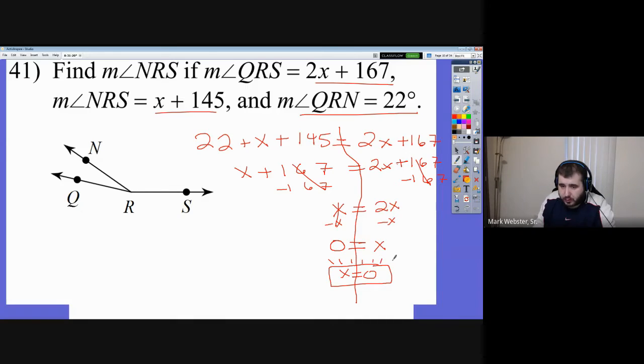0 is a number. Some people look at this and say, oh, well, 0. It's nothing. It's no solution. No. 0 is the solution. The answer is 0. The value of x, the number that x has turned out to be, is the number 0. Now, 0 is a number, right?